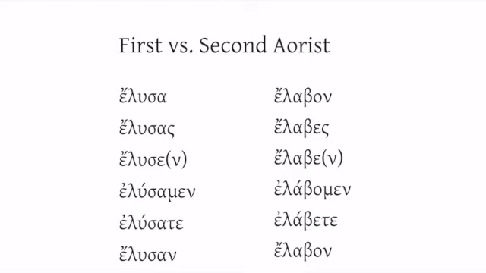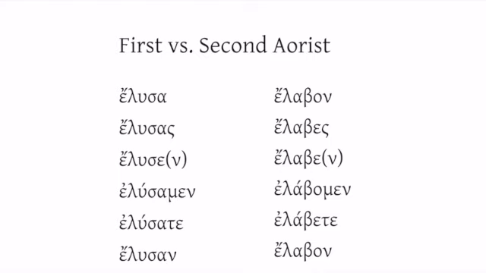And this is the main slide that you really need to think about. You guys have already learned second aorist verbs, and so this first aorist. And so our second aorist verbs are going to look very similar to our imperfect. So our imperfect form of luo is eluan, elus, eluin, eluamen, eluete, eluan.